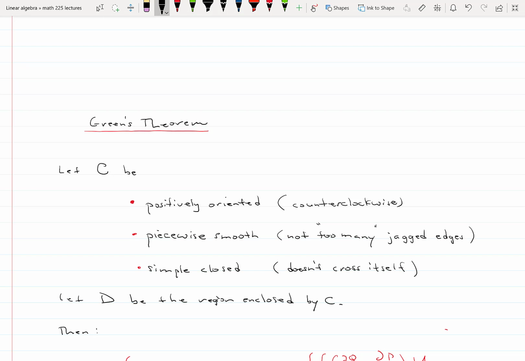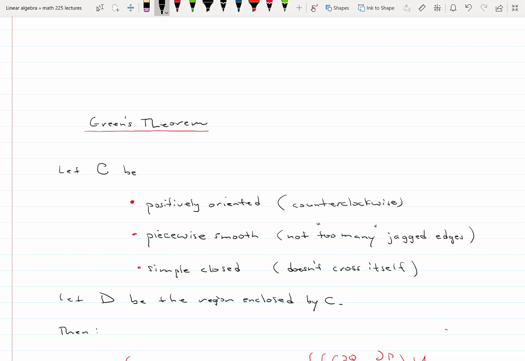That means it's oriented counterclockwise. And it's also what's called piecewise smooth, which essentially means that there aren't too many jagged edges. There could be some jagged edges, but not too many, with too many left undefined.